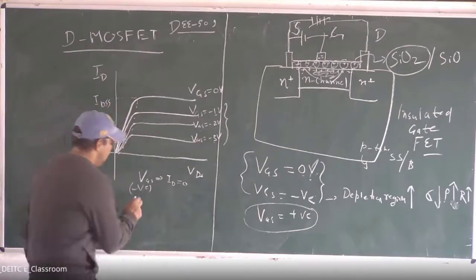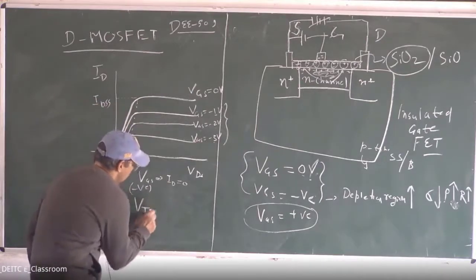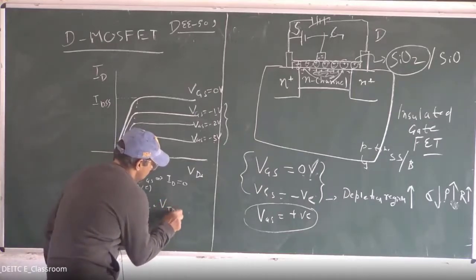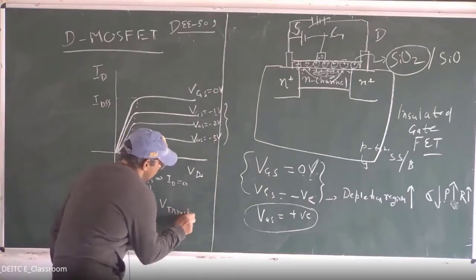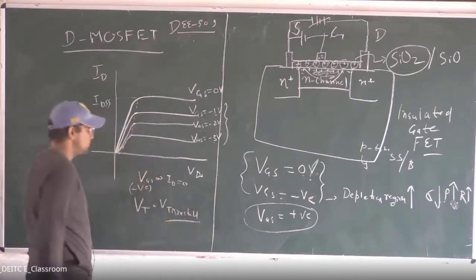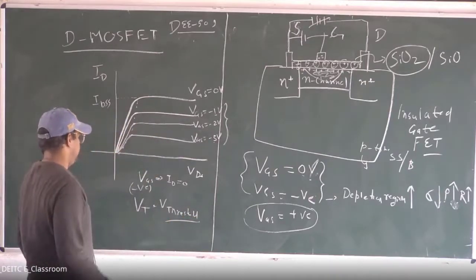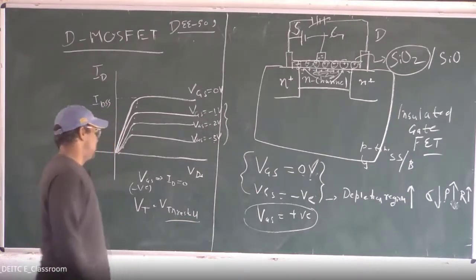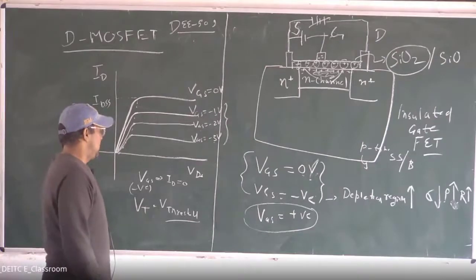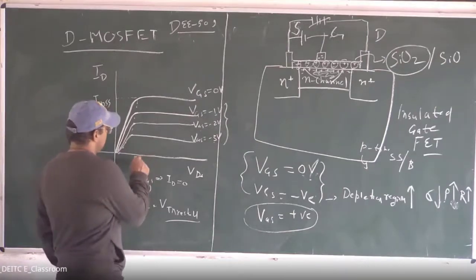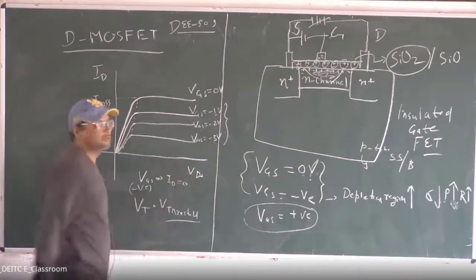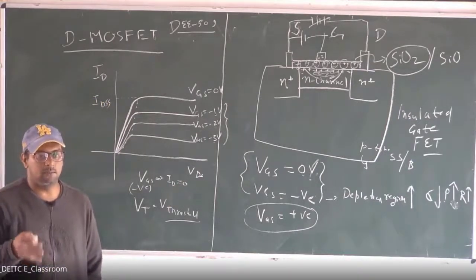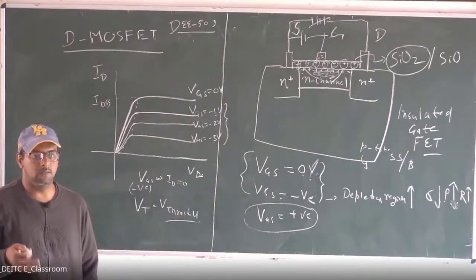That is called the VT, V threshold. Here it is defined as the minimum negative voltage at which the ID is 0. मिनिमम किस लिए? क्योंकि उसके नीचे भी अगर आप जाओगे तब भी ID 0 होगी, यानी कि वो मिनिमम नेगेटिव वोल्टेज जिस पे आपकी ID 0 हो जाती है, that is the V threshold.